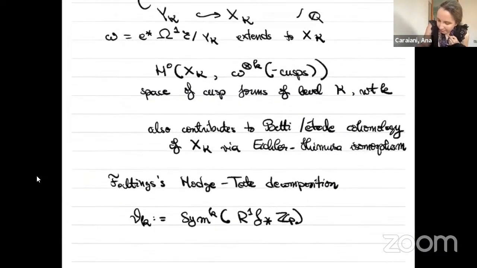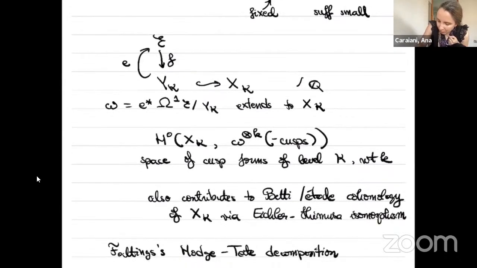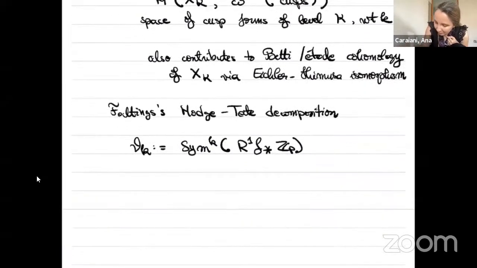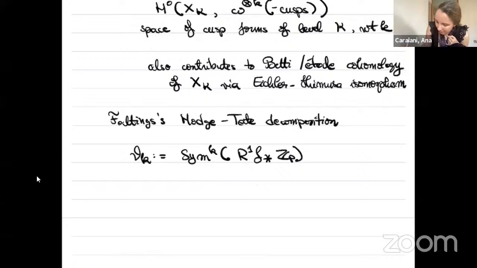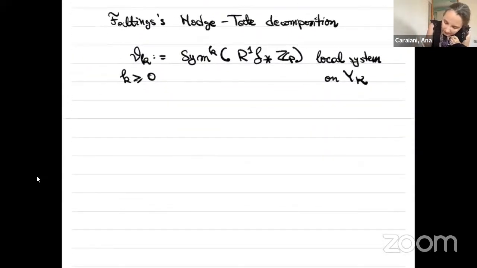So f is the map from the universal elliptic curve to Y_K. Or, I mean, this also extends to X_K if you want. But I just need to think of it as a local system on Y_K. And here I'm going to assume that k is at least 0. And I want to take a perfectoid field. So take an algebraic closure of Q_p and take the p-adic completion of that.